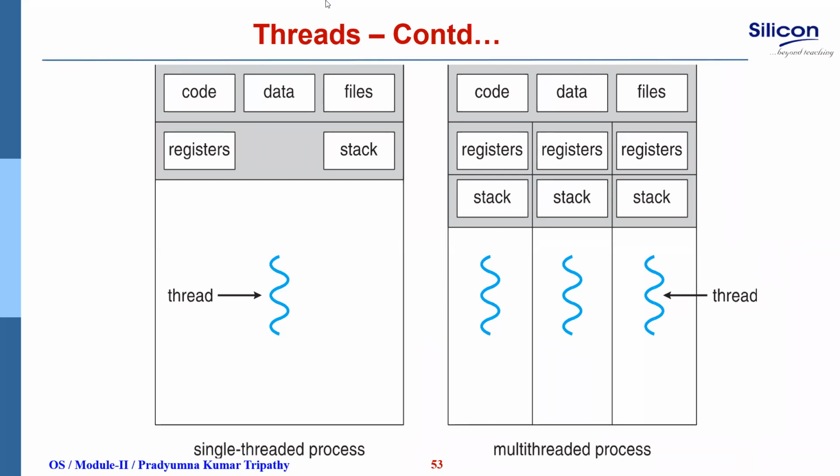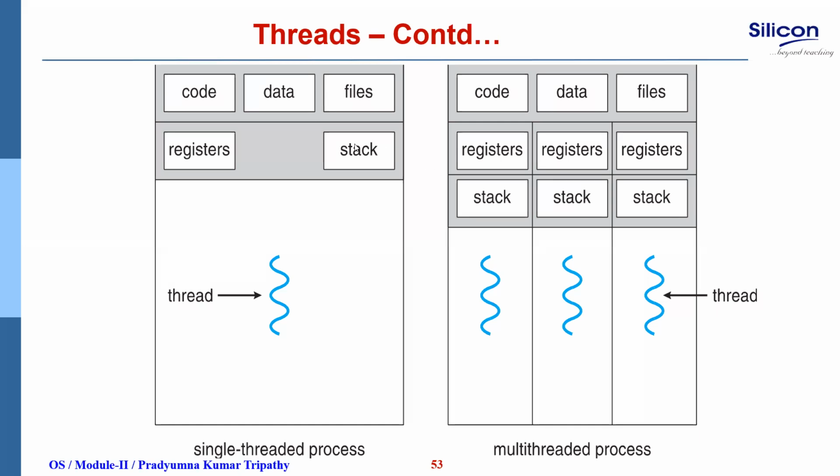There is a query over here. Can increasing the default thread stack size decrease the number of threads that can be created? No. What I understood from the question is whether decreasing the stack size of the thread will decrease the number of threads that can be created. No. First, as I said, stacks are different for different threads.